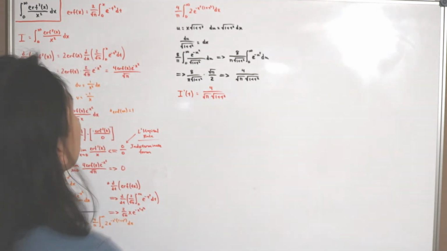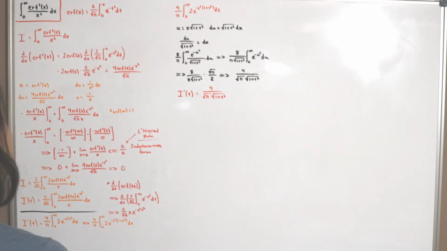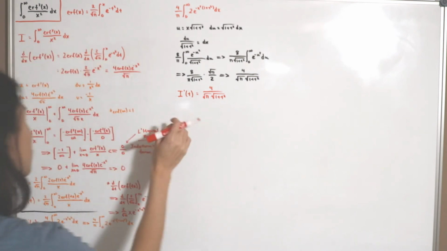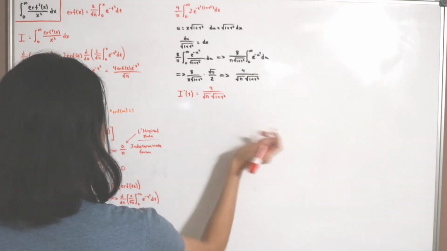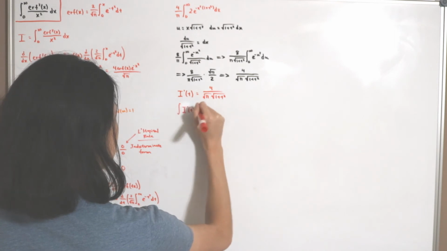All right, cool. Now we want to evaluate this in just I, since we said that I is equal to our original given function. So we're going to have to take the indefinite integral of both sides, integrating both sides with respect to t.